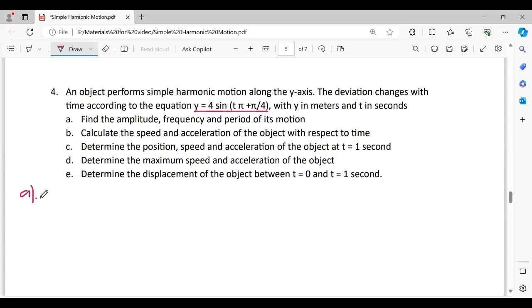Okay. As you know, the equation formula is y equals A sine omega t plus theta 0.